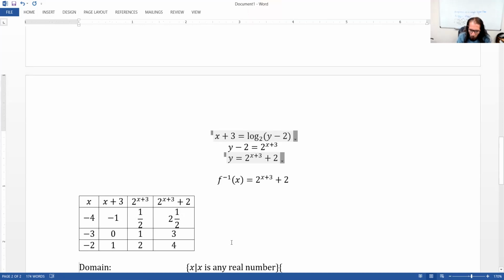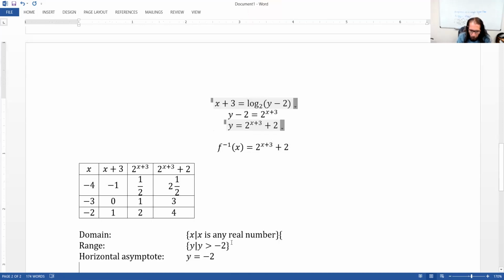I'm going to swap x and y to come up with what we're graphing for our transformed logarithmic function. But first notice that with exponential functions, the domain is any real number. If we had not had a vertical transformation, we would have had a range of y greater than 0 and a horizontal asymptote at y equals 2.